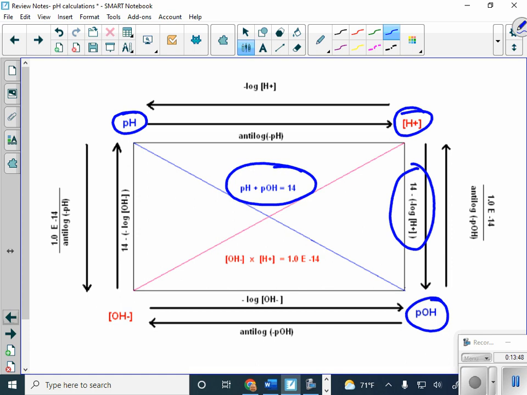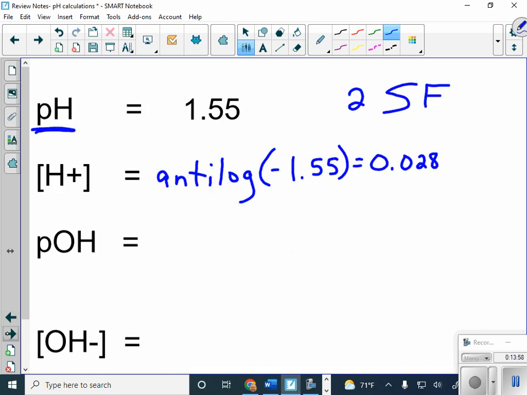The pH plus the pOH equals 14. So, I know that 14 minus the pH is equal to the pOH. Well, we already said that the pH was 1.55. So when I take 14 minus 1.55, it gives me a value of 12.45 for the pOH.